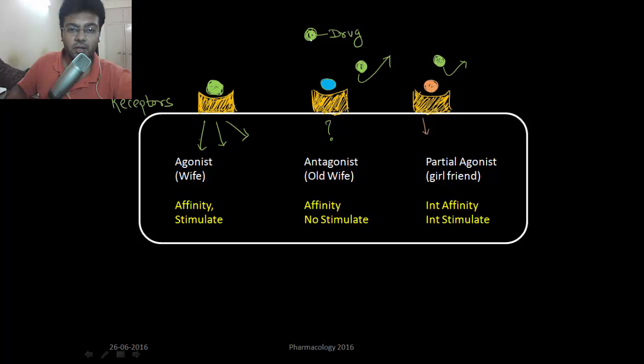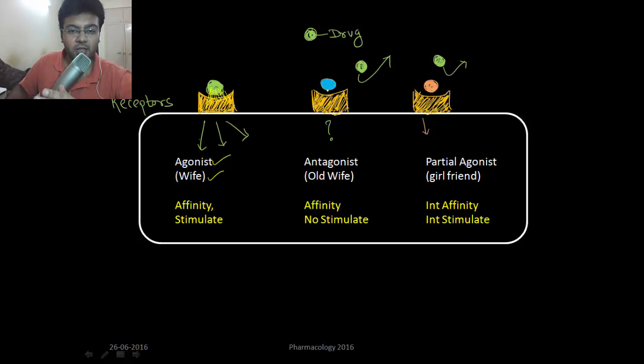Now we'll see how the drugs act on different sorts of receptors and what category of drugs they are. Let's see if we have a drug which has high affinity. It binds to the receptor very strongly and stimulates the cell very strongly. These are called agonists. These are like new wives: they bind strongly and stimulate the husband strongly.